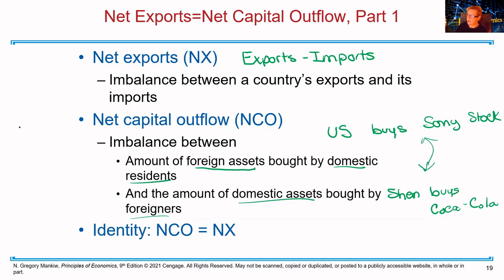It could also be that the US does foreign direct investment. This is portfolio investment. And over here, direct investment would be if Kentucky Fried Chicken builds in Japan, which they have. So that's direct investment.